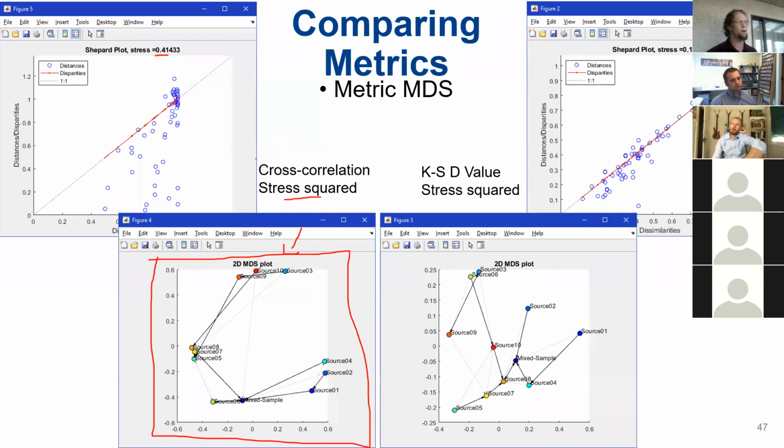This would be an example where you might have calculated that dissimilarity matrix based on the cross correlation coefficient, and then you're trying to represent it in Cartesian space, and you're actually losing information. You're doing a bad job of representing that dissimilarity matrix in Cartesian space.